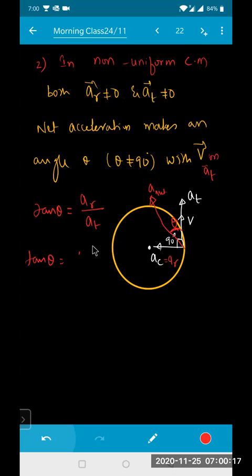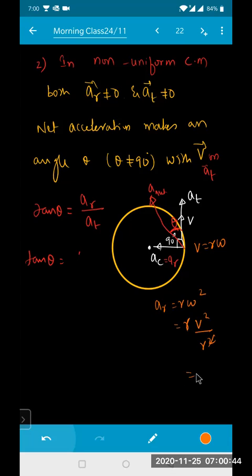How do you write the radial acceleration and the tangential acceleration? I have already told you this basically many times. So radial acceleration is represented by a R. I'll write here, radial acceleration a R is equal to R omega square. Or else the relation between velocity and omega is v is equal to R omega. So omega is equal to v by R.